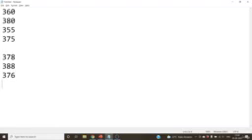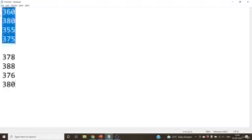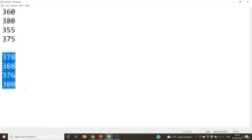And it closed at 380. So this is day 1, open, high, low, close prices. These are day 2, open, high, low, close prices, and you can keep on plotting the open, high, low and close prices for various days.